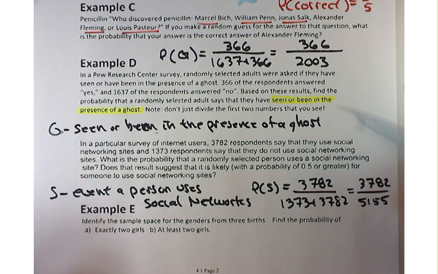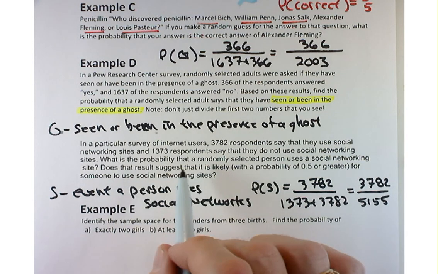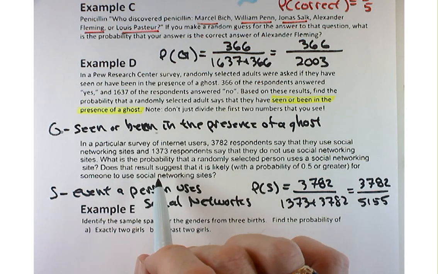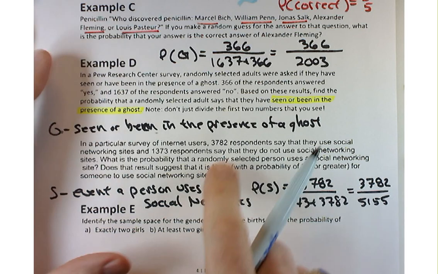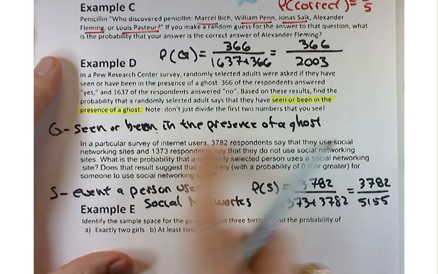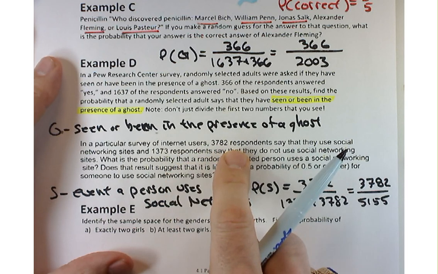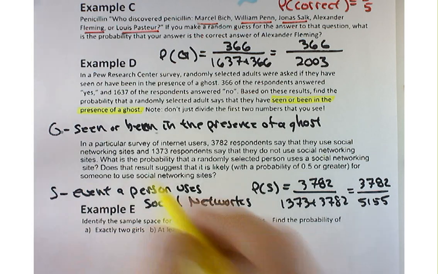There is one little nuance that I will mention here, and that is we're talking about randomly selecting a person that uses social networks. Well, really, this probability only pertains exactly to the people that were in the survey. We're kind of assuming that this probability could be generalized, which I'm okay with because it was a survey of internet users.